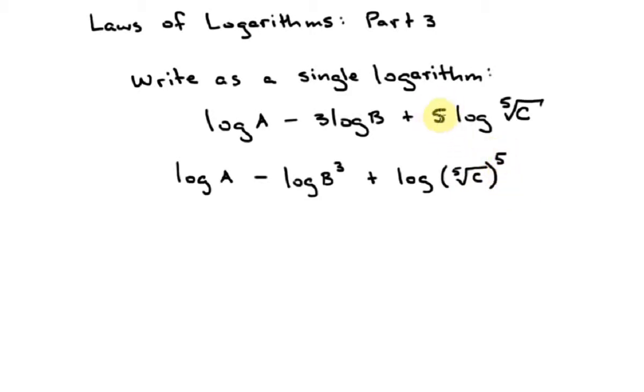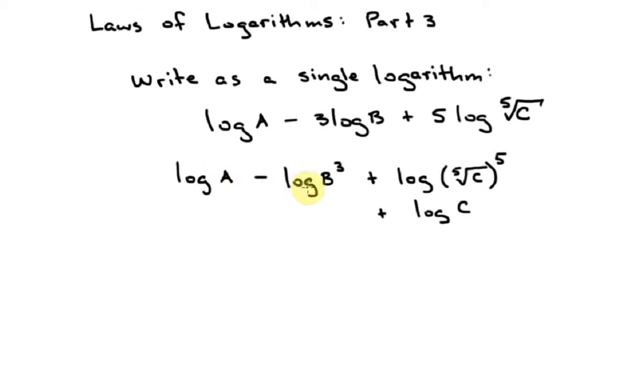By bringing this 5 in, I'm raising all of this stuff to the 5th. Now, if this is a 5th root, and I'm raising it to the 5th, they basically undo each other, and this is really just like saying log of c. So that makes it kind of nice there.